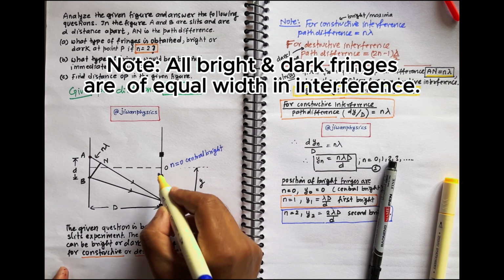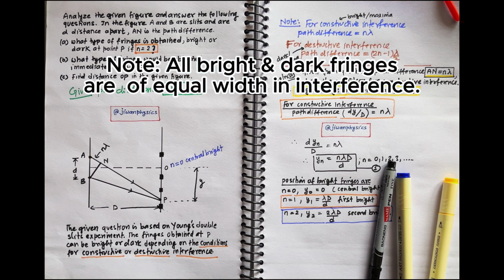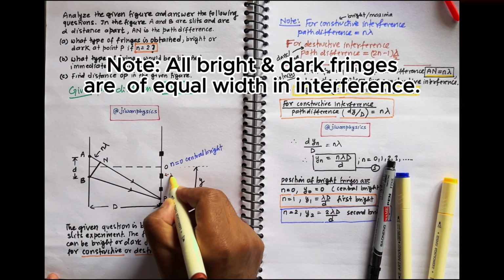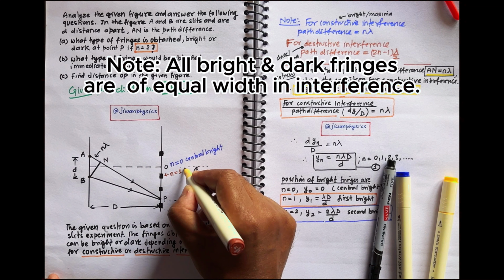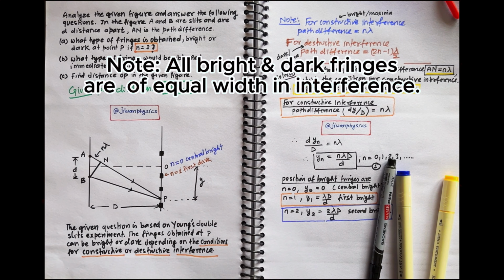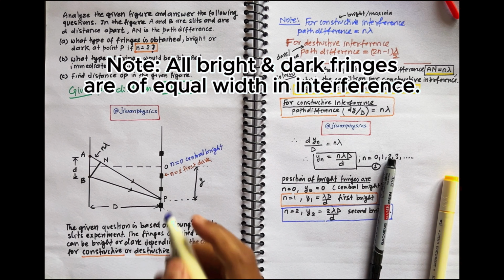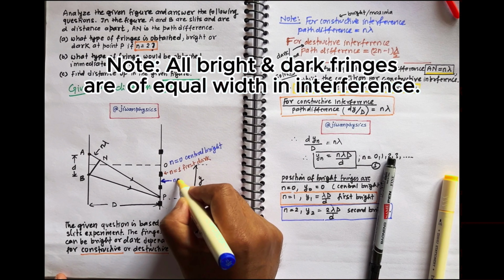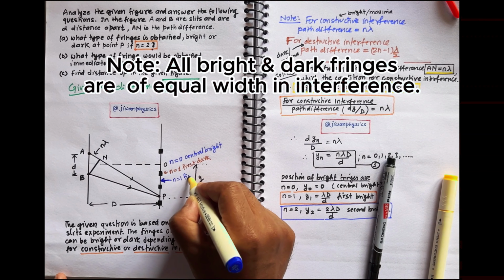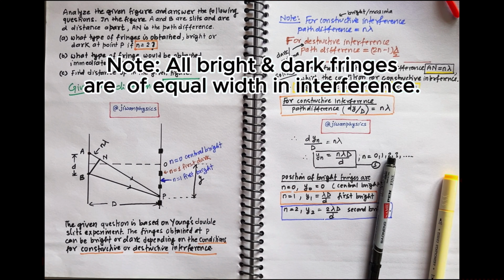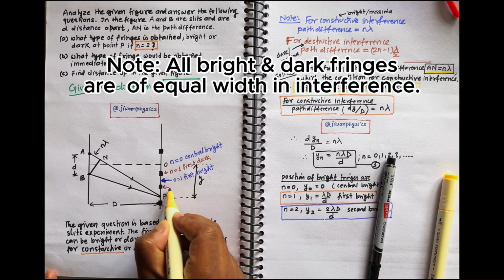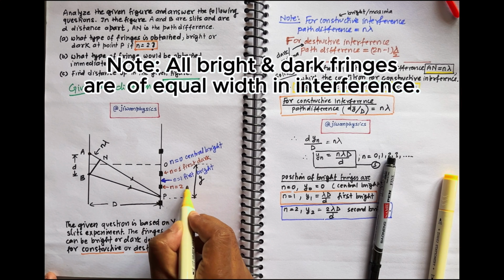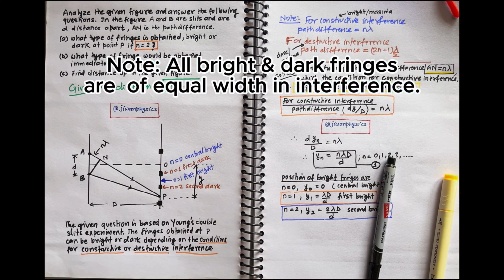Now this represents first dark. It is first dark, clear? And this fringe represents first bright, so this is n equals 1 and this is first bright. Now this is second dark.